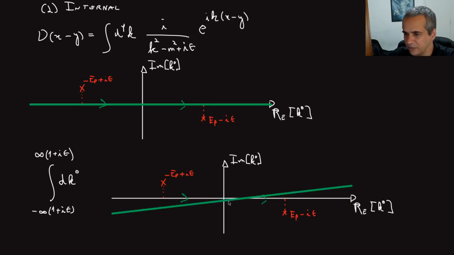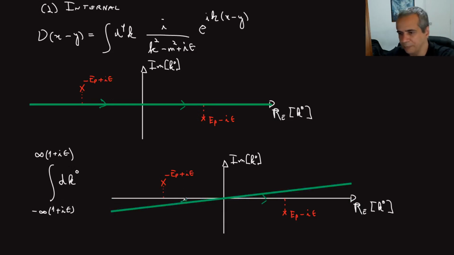In fact, when we were doing the Feynman propagator, I have shown that another way that you could implement the Feynman prescription was to leave the poles on the real axis and rotate the path of integration out from the real axis by a small angle. And this is exactly what we're doing.